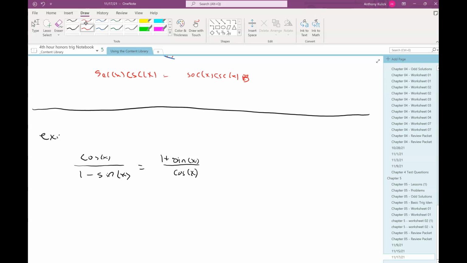Probably not. So what does this situation call for? One of the Mr. Kulik rules. So take a look at my suggestions. There's one on that list that would apply nicely to this situation, or a combination of two, perhaps. Look at Rule 5.